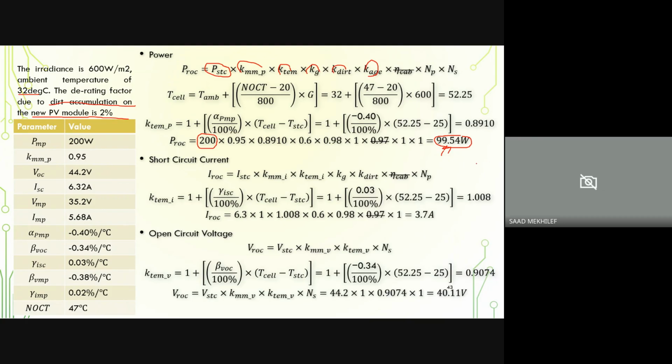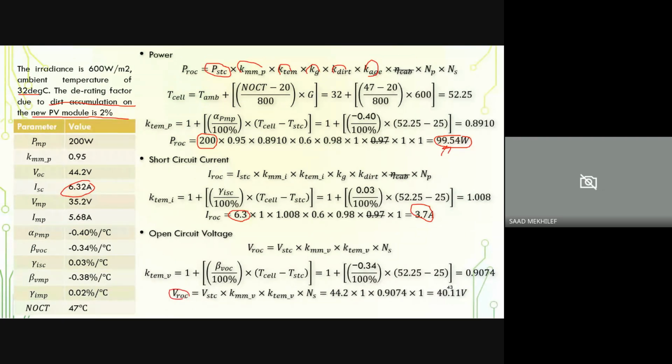Even the short circuit current, for example. Here the short circuit current is 6.3, but after we multiply by all the derating, we actually get only 3.7. The same thing goes for the voltage.